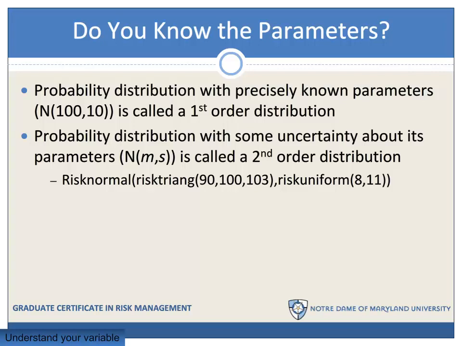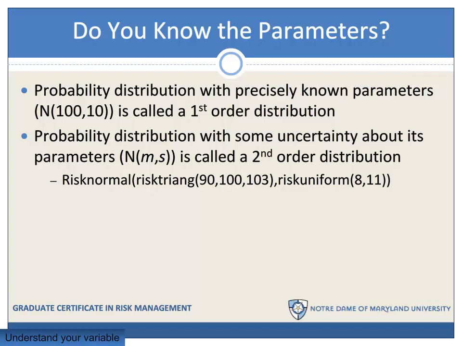You see we have a RiskNormal distribution, the parenthesis opens, and the very first argument is telling us what we believe the mean is. And this is saying we don't know what the mean is, but the mean can be described by a triangular distribution with a minimum of 90, a maximum of 103, and a most likely value of 100.